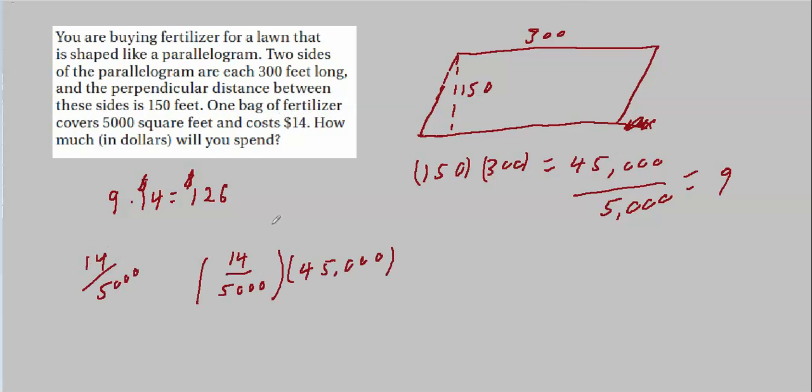If we looked at it that way and got our price per square foot, which is 14 divided by 5,000 square feet, multiply it by 45,000, what are we going to end up with? Well, 45,000 divided by 5,000, so we're back to 9 here. 9 times 14. So you could have done it either way.